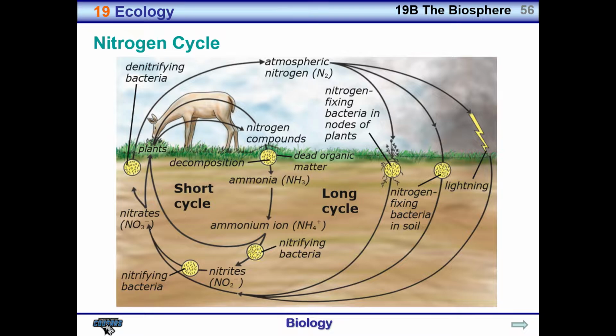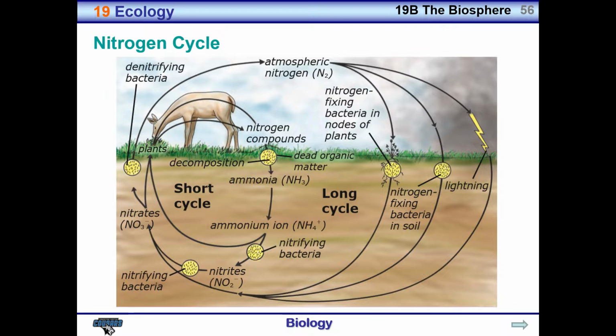Then over on the long cycle, you can see that the gaseous nitrogen is being converted into a usable compound, and for centuries farmers have known that there are many crops that can grow better in soil that has some legumes planted in it for several years.